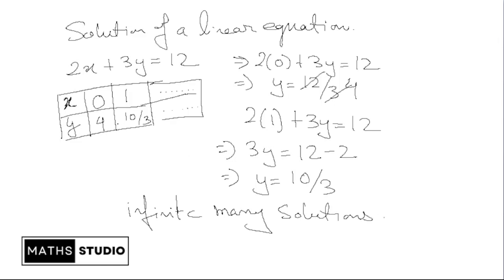So in exercise 4.2 in the NCERT book, this portion will deal with putting the value of x and getting a value for y. Okay. So the question may be like find two solutions for the following equation or find 5 solutions for the following equation. So let us take an example. Let us take an example of 4x plus 3y equal to 12.